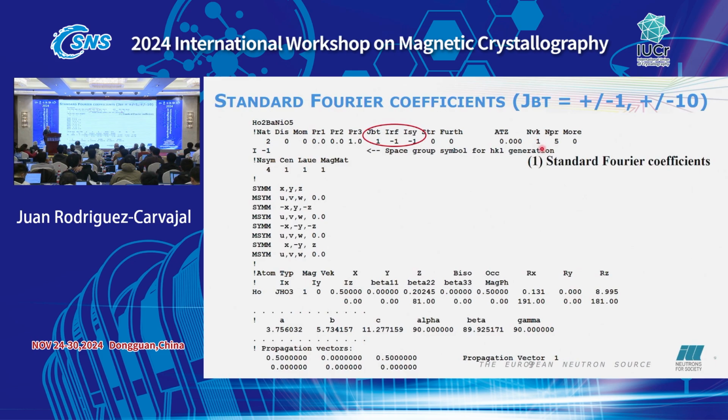When you say 1, k and minus k are equivalent. In such a case you should have real numbers, and then you don't have any imaginary component for the Fourier coefficients. Here you see the propagation vector at the end.